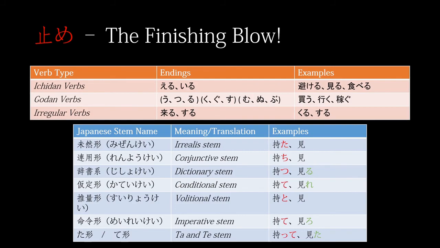As you can see, the irrealis stem, the conjunctive stem, and the volitional stem are simply formed by removing the final ru in the case of ichidan verbs, but the dictionary stem is the one where ru remains, while in the conditional stem and the imperative stem, the ru has been replaced with re and ro, while of course the ta and te stems have also been divested of the ru ending and can be replaced with ta or te depending on what you need.